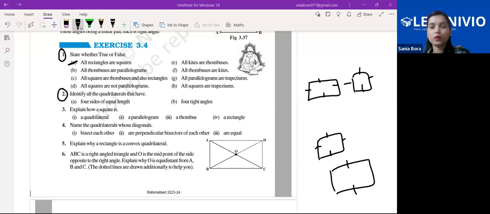Yes, ma'am. Okay. Now this one: identify all the quadrilaterals that have 4 sides of equal length and 4 right angles. Ma'am, the A1 square. I'm done with the second one.